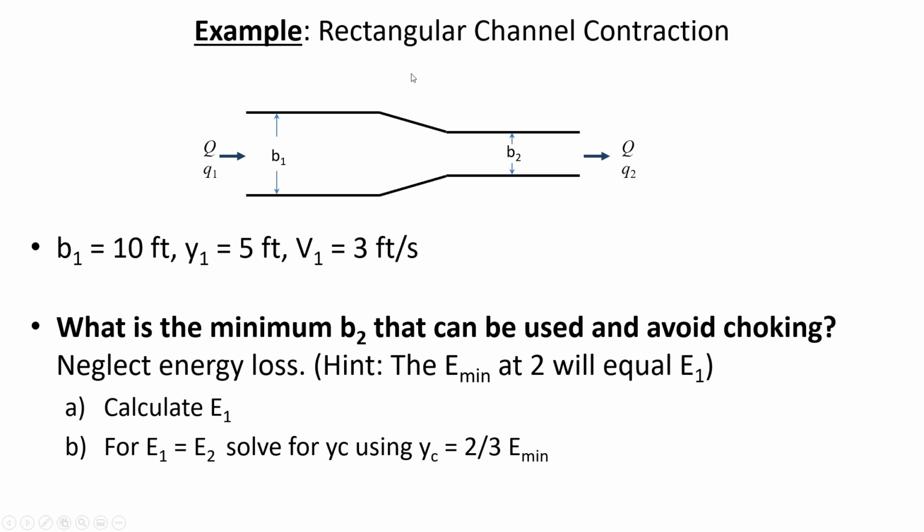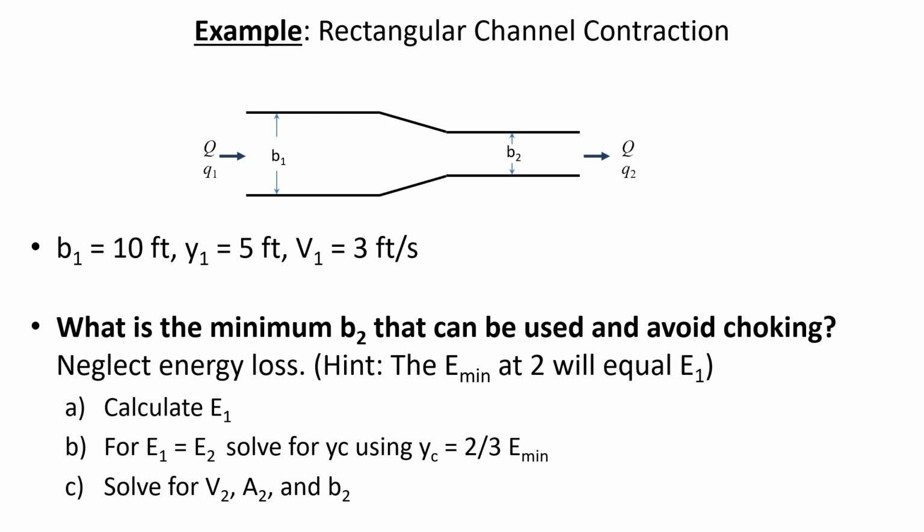Then find the critical depth Y sub C if it's flowing at the minimum condition. So you're basically finding the YC that corresponds to 2/3 of the energy at 1.